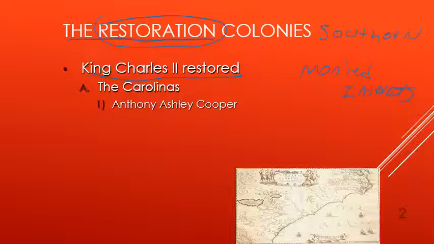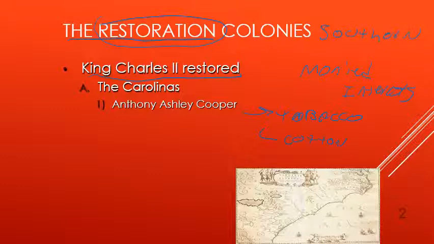He was a well-respected figure in England, and thought it would be a great way to build wealth and money, initially off further establishing the tobacco economy. But in the very long run, it proves that cotton is going to be the better cash crop down in the Carolinas. But anyway, so Cooper establishes the Carolinas.